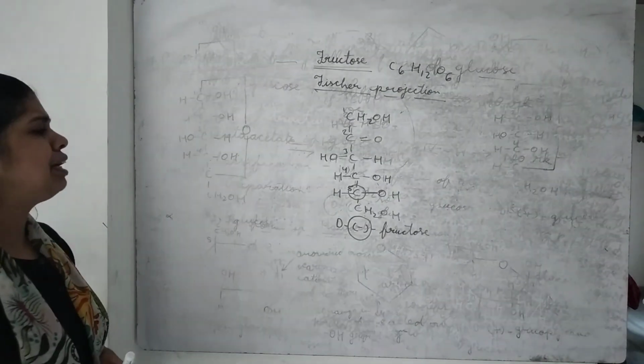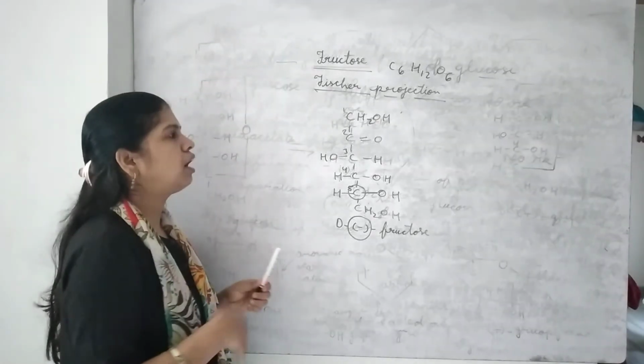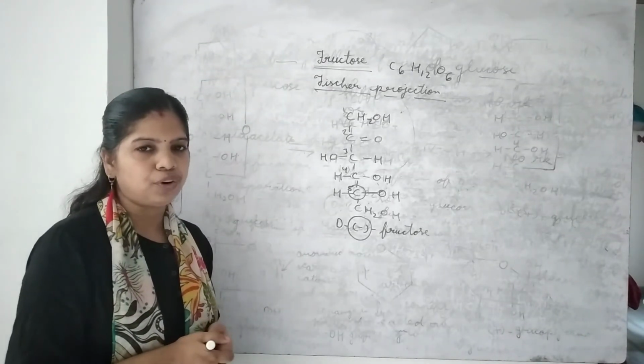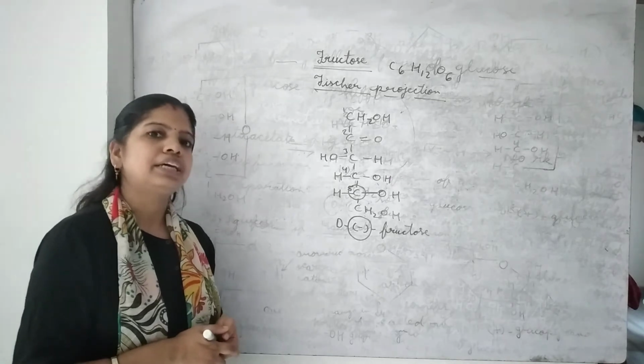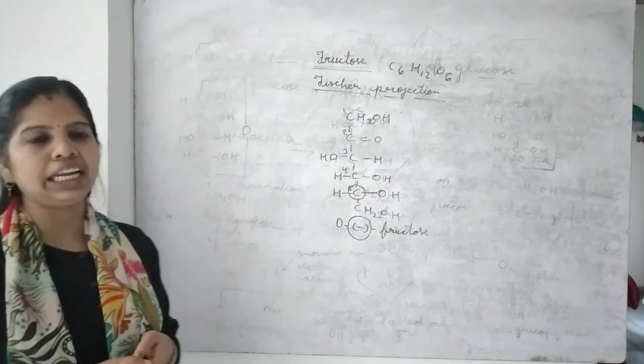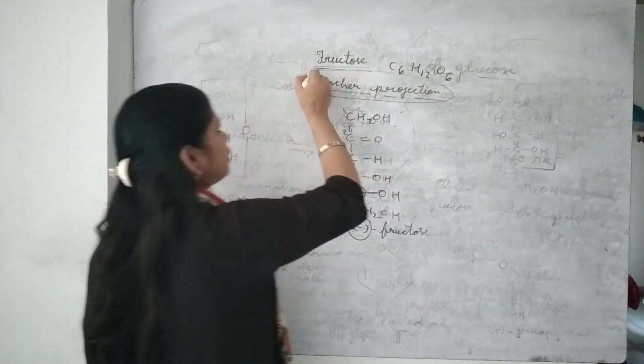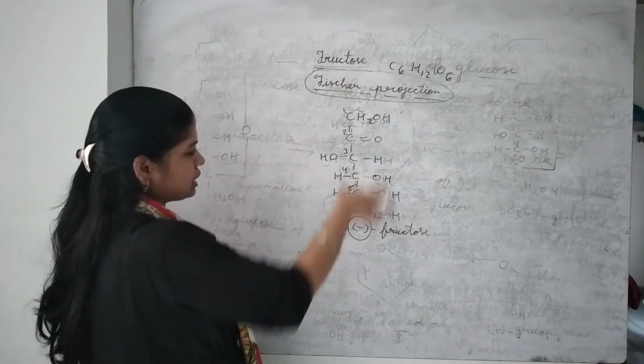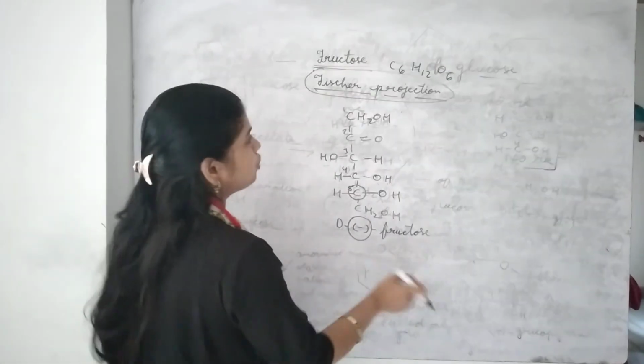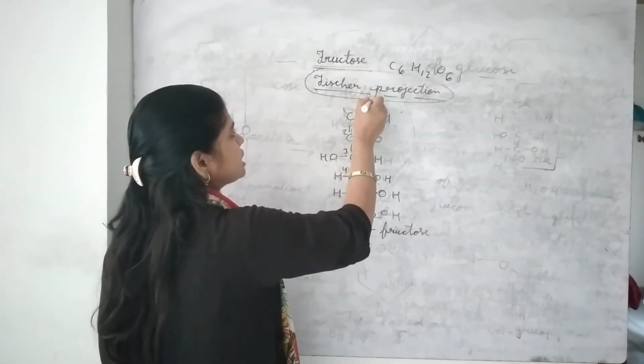Now I will discuss its Haworth projection. Before that I will discuss its cyclic form, its cyclic structure. So now the Fischer projection is over. Now from this structure only I am going to discuss the cyclic structure.